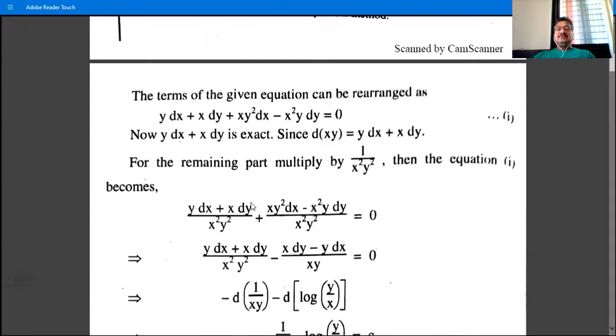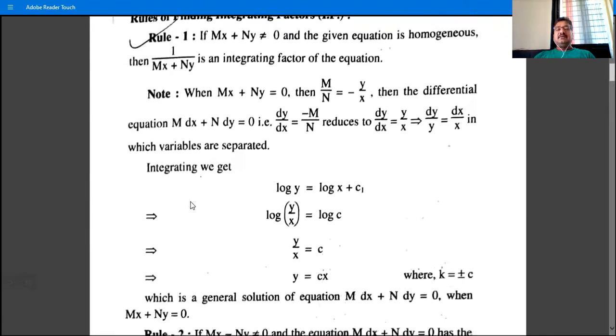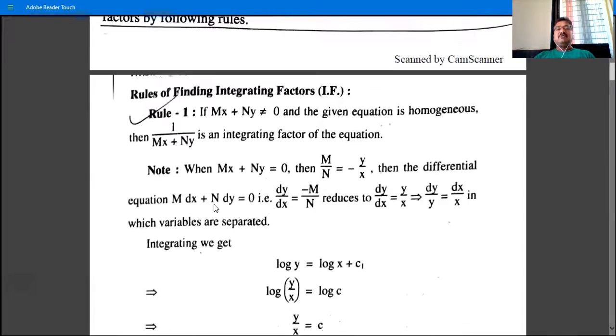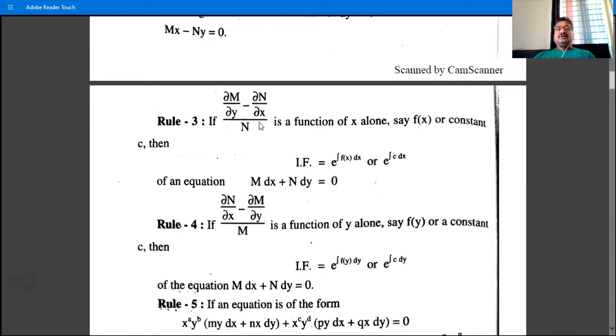In the second method, there are rules number 1, 2, 3, 4, 5. These are the 5 rules. In these rules, if (∂M/∂y, meaning M_y, minus ∂N/∂x) divided by N is a function of x alone, then e raised to the integral of f(x) dx, or if it is not a function of x alone but it is a constant.